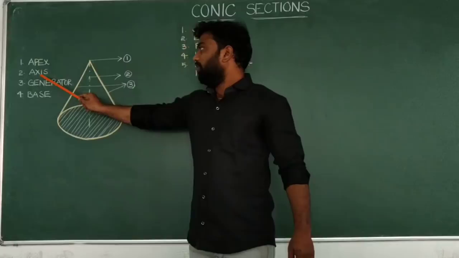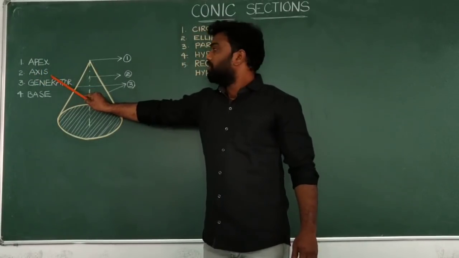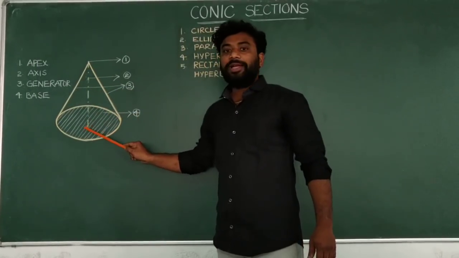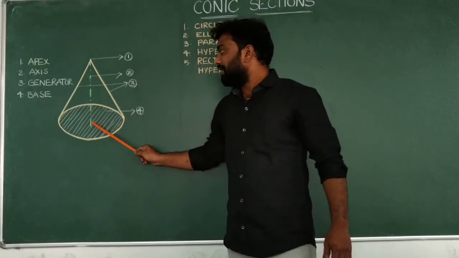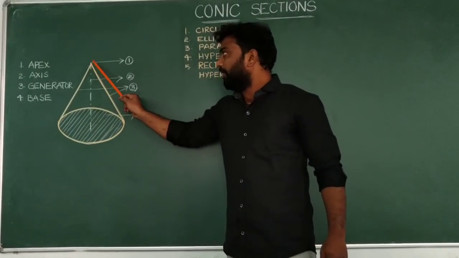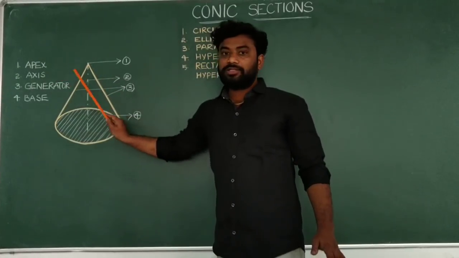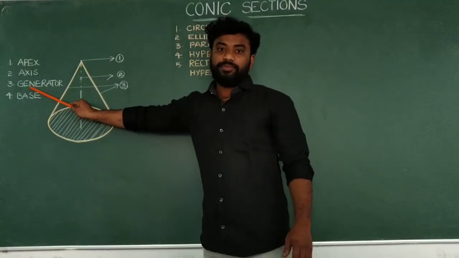Similarly, the second one is the axis. The axis is simply an imaginary line that connects the center of the base and the topmost point of the cone. Next we move to the generator.